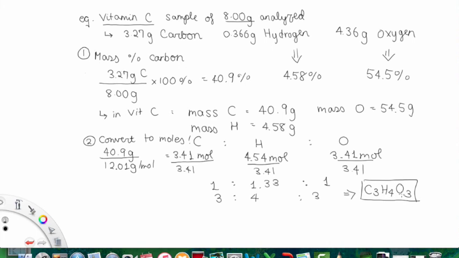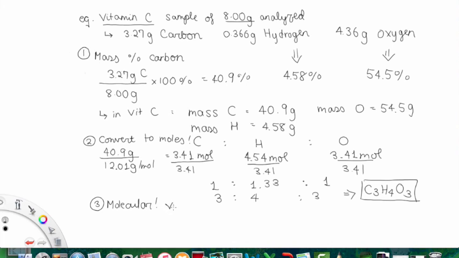So you already did the first part. That was pretty straightforward, right? Now, in order to calculate the molecular formula, what you need to know is the molar mass of the whole vitamin C sample, which was found from mass spectrometry. You're not expected to know this, don't worry.